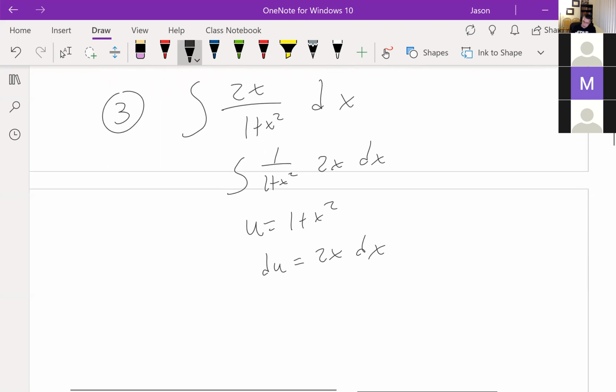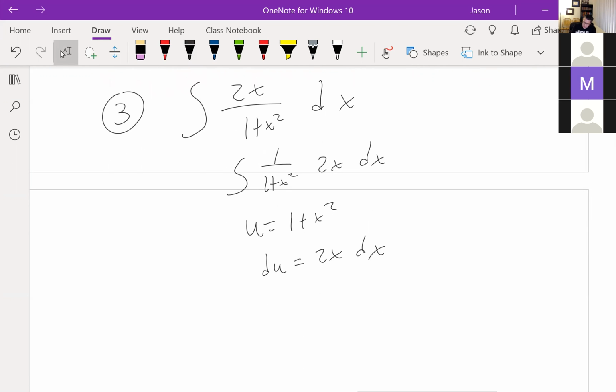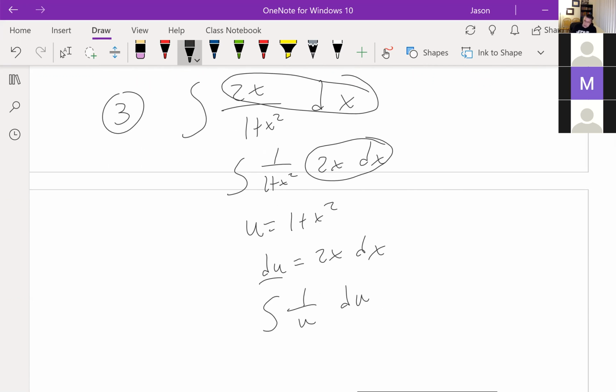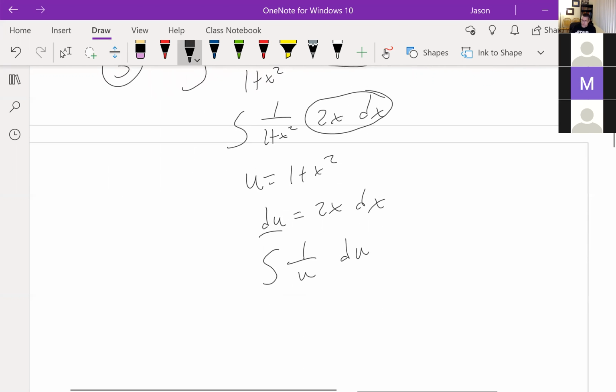So what does this whole thing become when I do this u substitution? It becomes 1 over u du. Why? Because the du was equal to the 2x dx. The du is equal to the u prime dx. And so what is the integral of 1 over u?